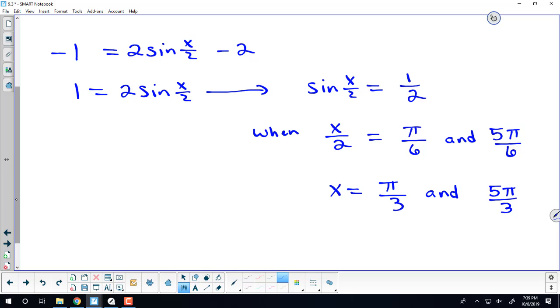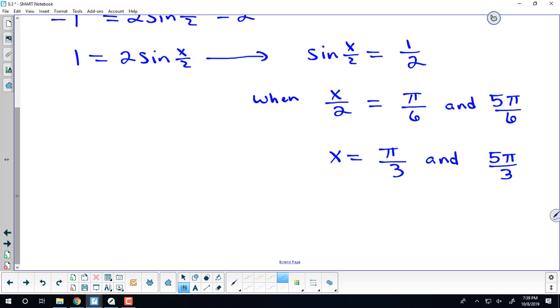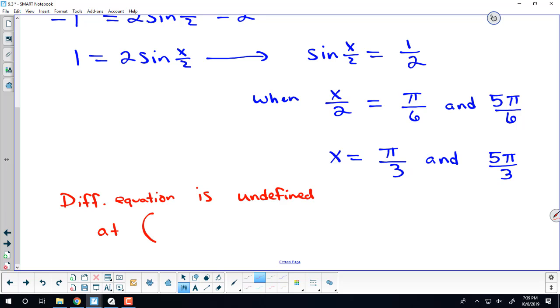So what that means is the original differential equation is undefined at pi over 3, 0, that is x, u, and 5 pi over 3, 0.